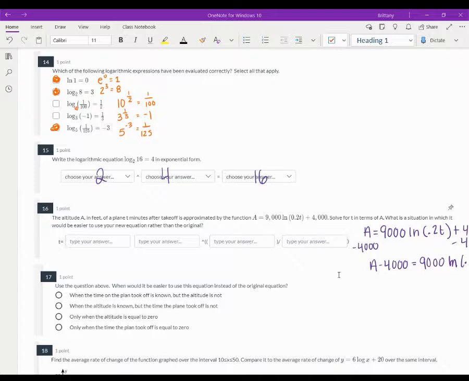The next thing I want to do is divide both sides by 9,000. And again, since I don't know what A is, that is the cleanest way I can write it. A minus 4,000 over 9,000 equals ln of 0.2 t.